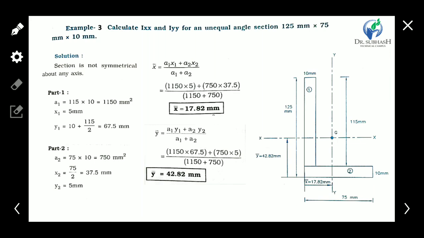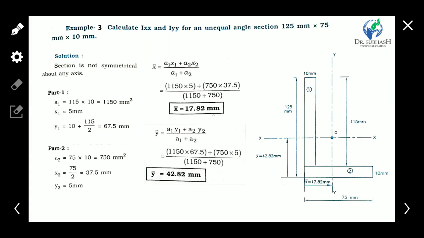Okay, so the area of the first element is 10 into 115 mm, so 1150 mm square is the area. Now y1 is the distance from the horizontal axis to the CG of the first element. The CG of the first element is half of 115 plus this distance 10, so 67.5 mm.